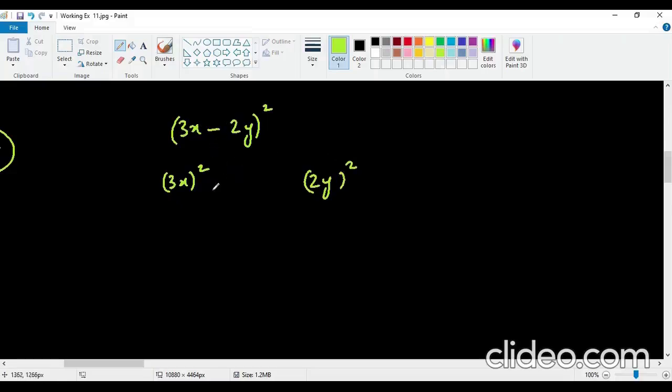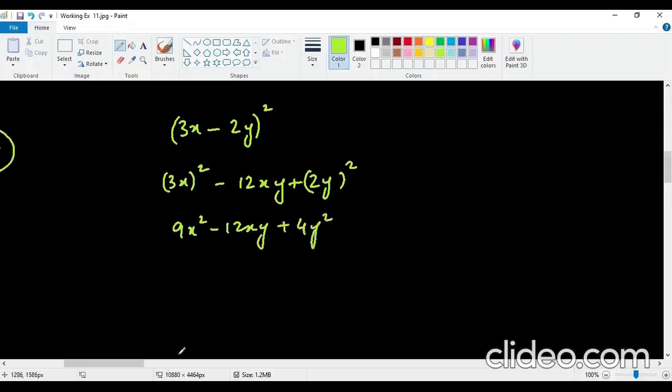So that means 12xy is going to be added like this, and you will get the final answer. It's going to be a negative 12xy plus 4y square. Now, the final answer for this is going to be 9x square minus 12xy and plus 4y square.